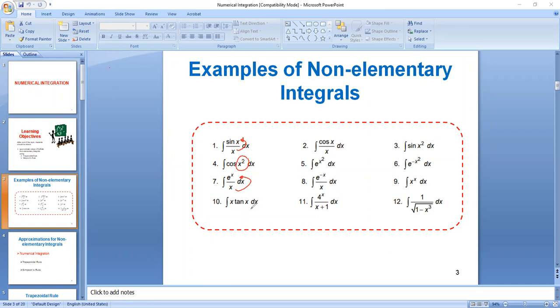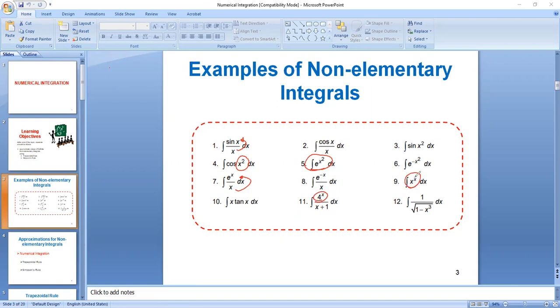This one is also non-elementary. This one is non-elementary. Here, this is a common non-elementary integral, often used as an example for determining areas under the curve. Another one is this. You see this 4 raised to x over x plus 1. So that makes it non-elementary. And this x raised to x.